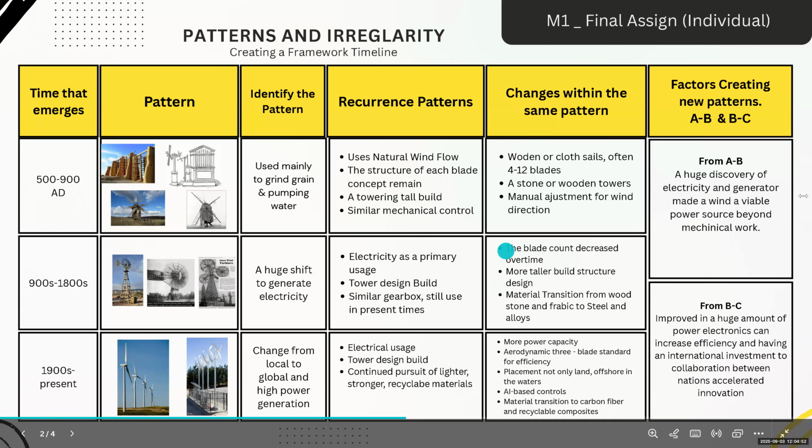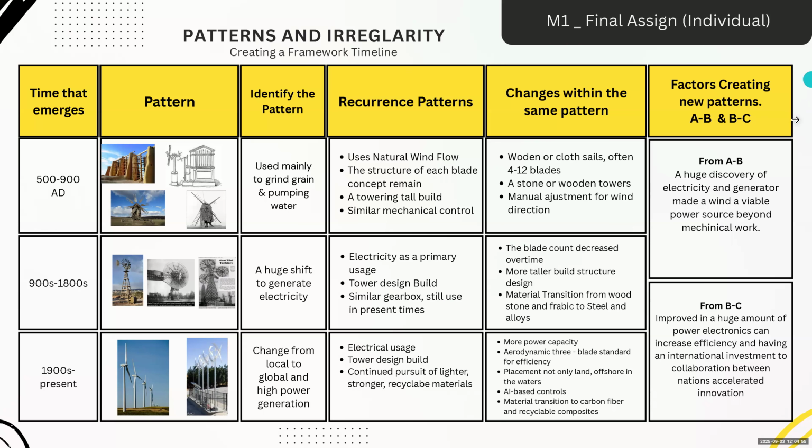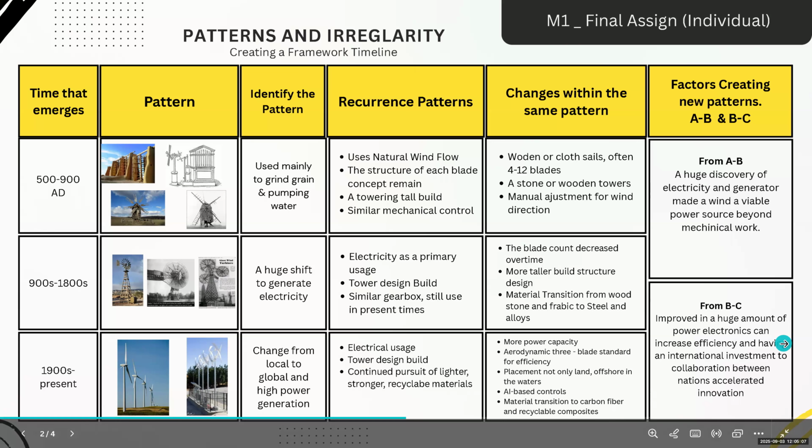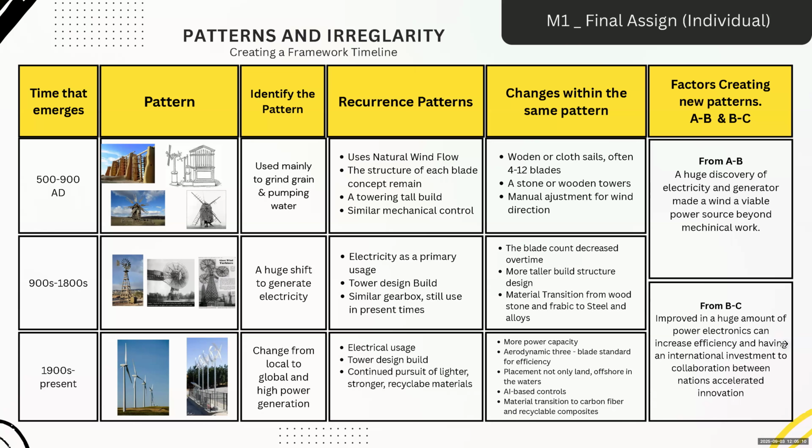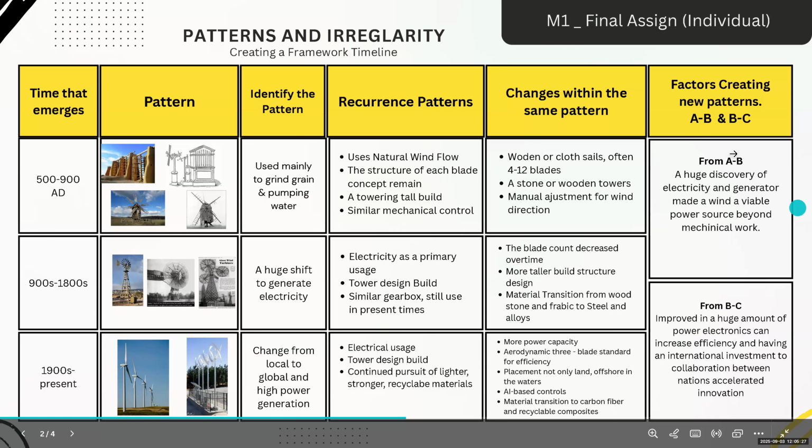From A to B, the factor driving the change was the invention of electricity generation and rural needs. That was a big thing from A to B. From B to C, they tried to improve power efficiency hugely, with international investment and a global market collaborating to accept innovation, and a global push for cleaner energy.